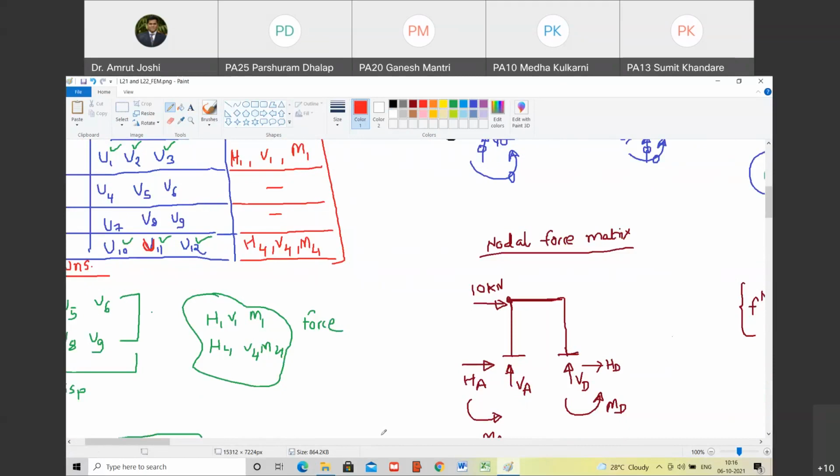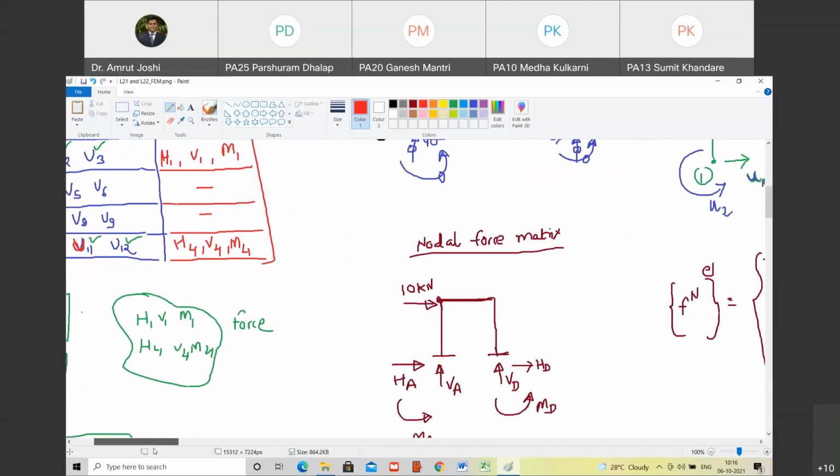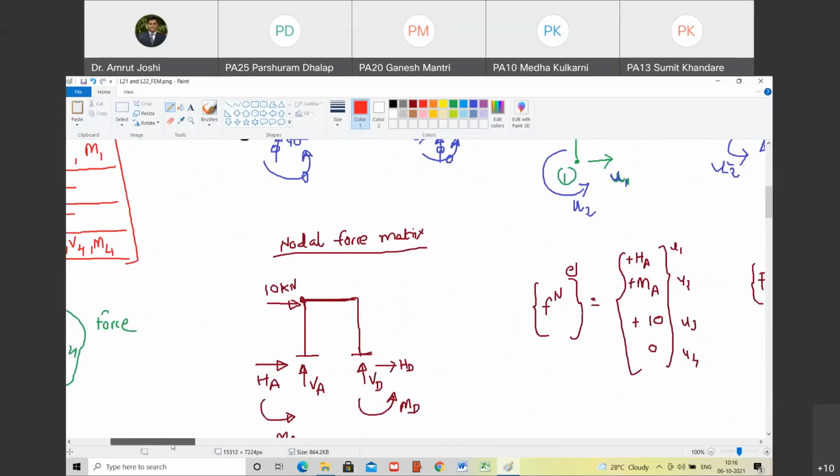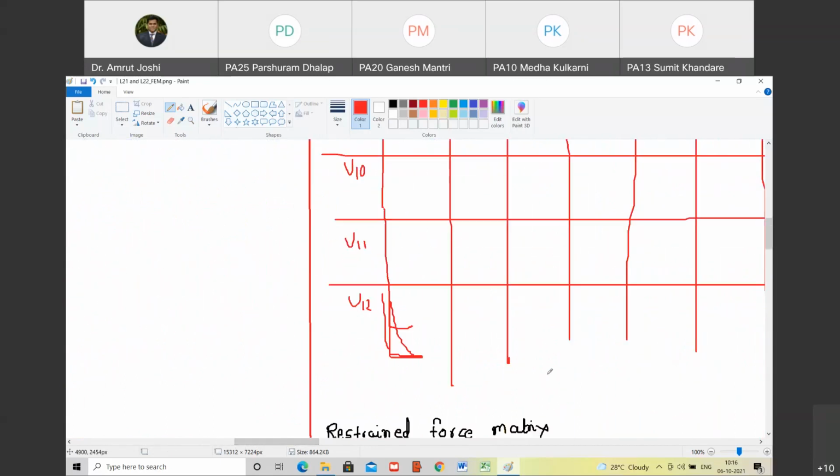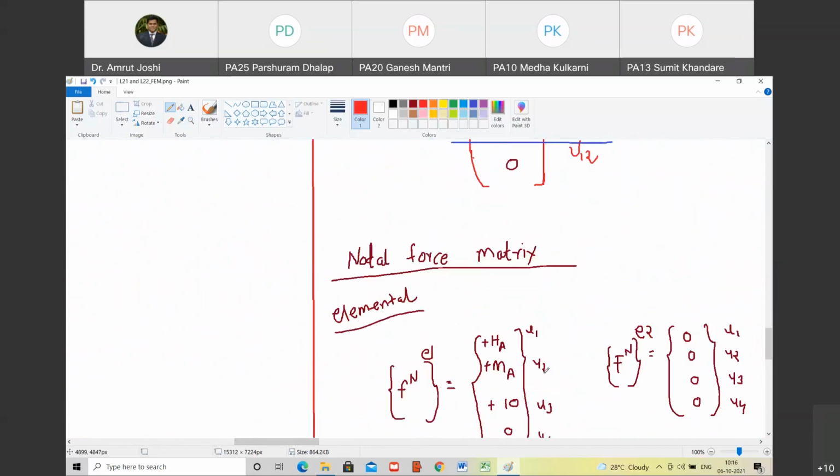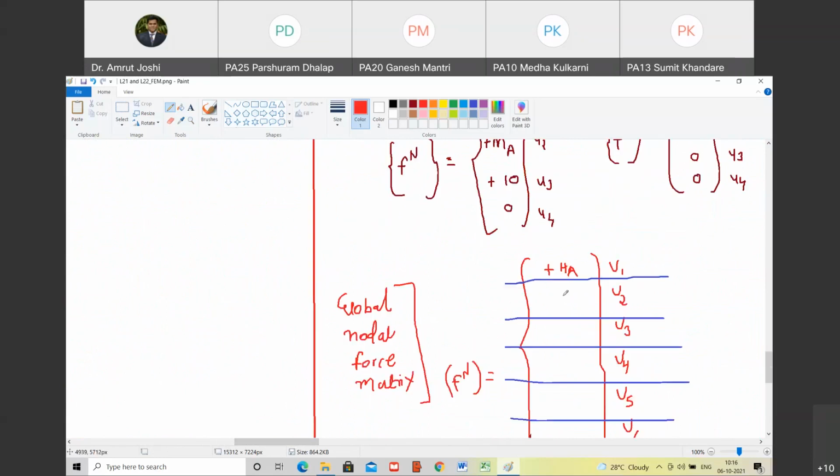Yes, sir. But as at element level, we have not considered that degree of freedom. Therefore, in this also, it will be written as 0, but you have to understand it is VA, but it cannot be evaluated because if you look at all the rows corresponding to stiffness and restraint force matrix, we have not treated that as unknown. So it cannot be evaluated. Are you with me?